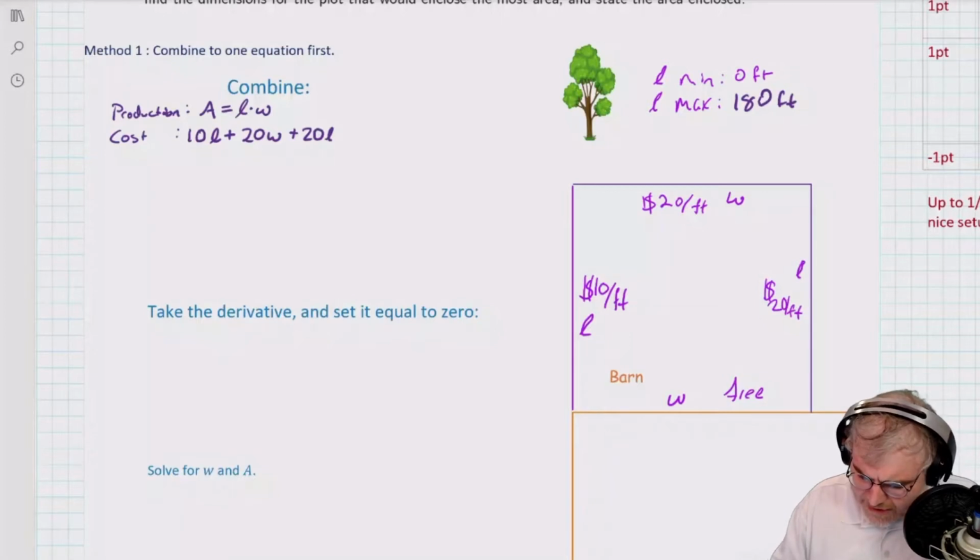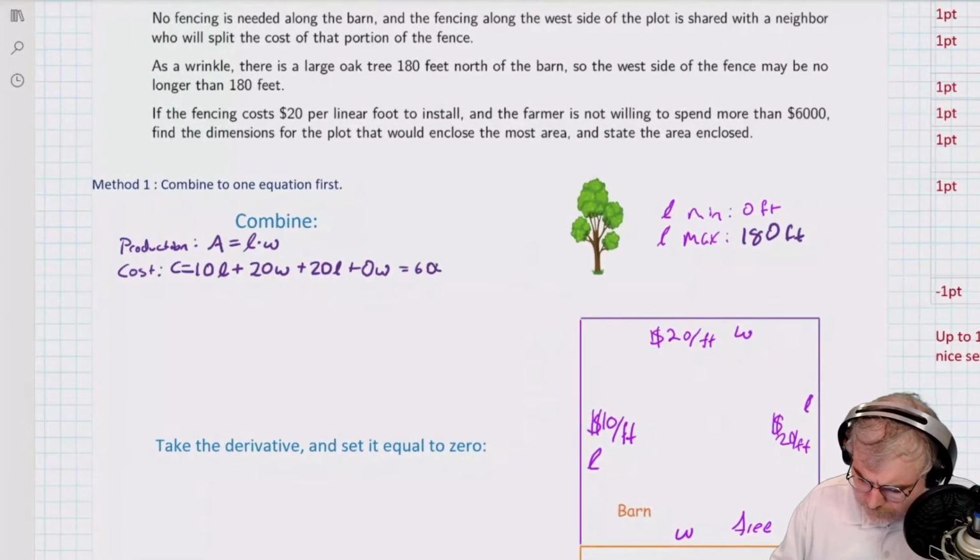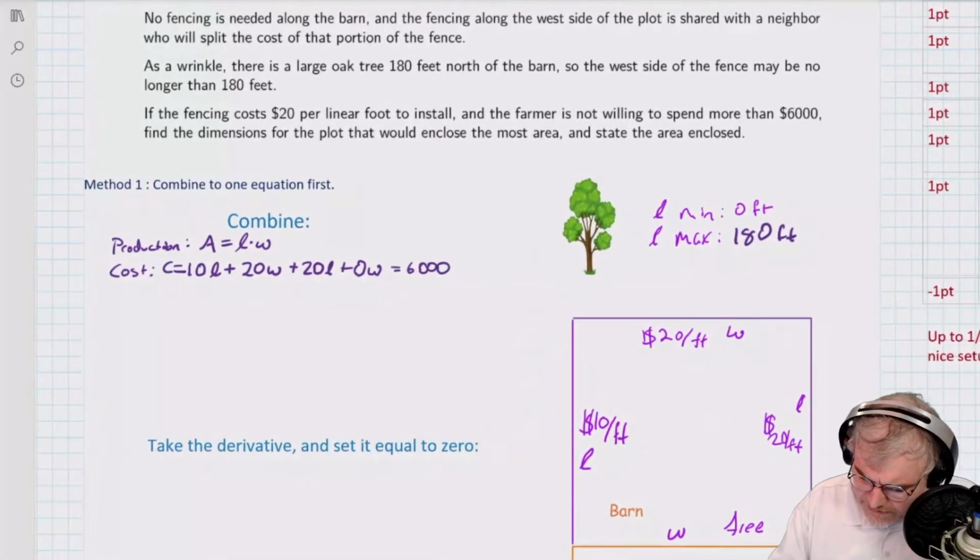And this right here is plus 0W. Right? That side is free. And that equals 6,000. So I'll just put C here. So this is fixed. And this is optimized.